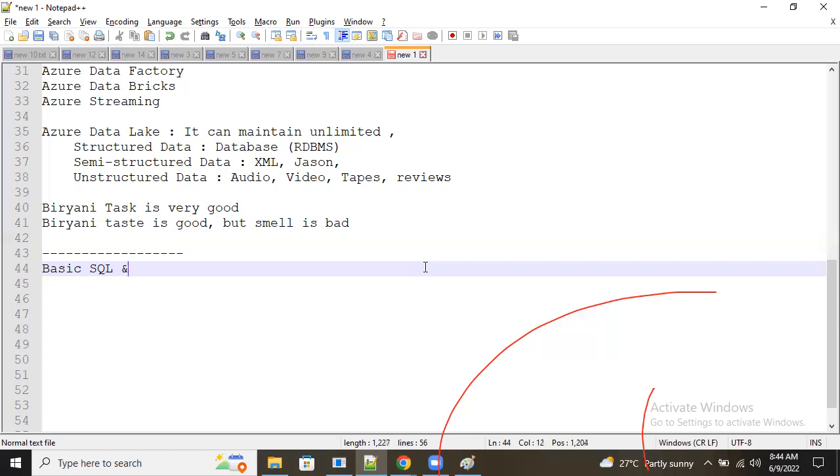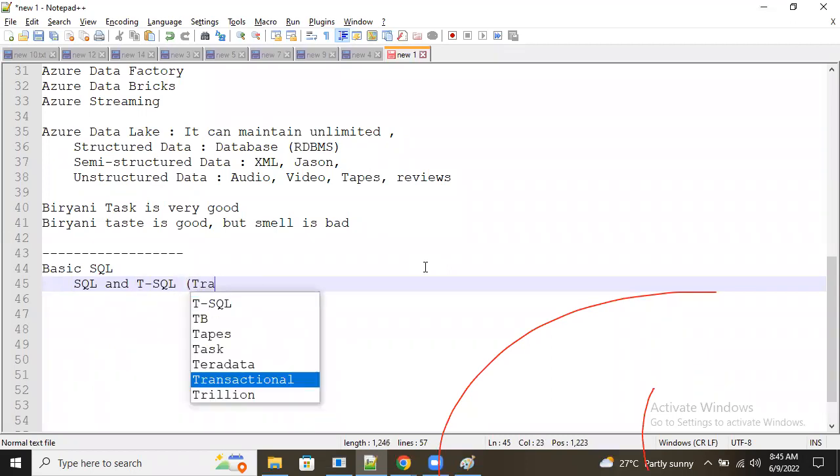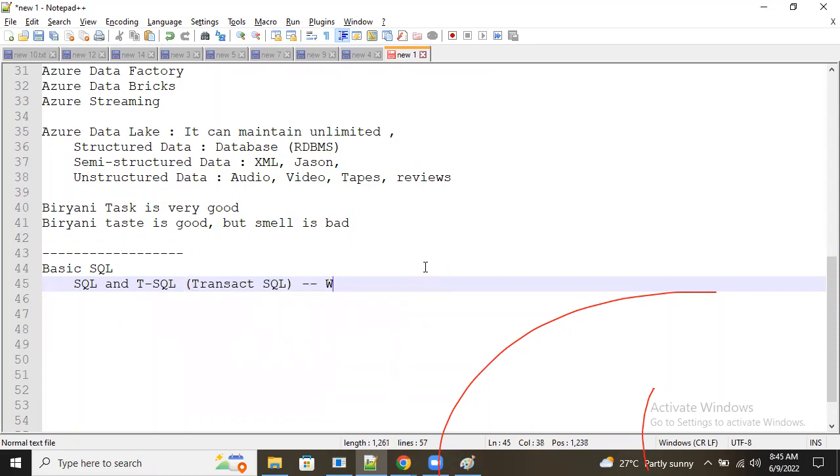I will be covering SQL and T-SQL, Transact-SQL, over the weekend, 2 to 3 hours, until we finish it in 4 weeks. That is the basic prerequisite. Nothing else is required.